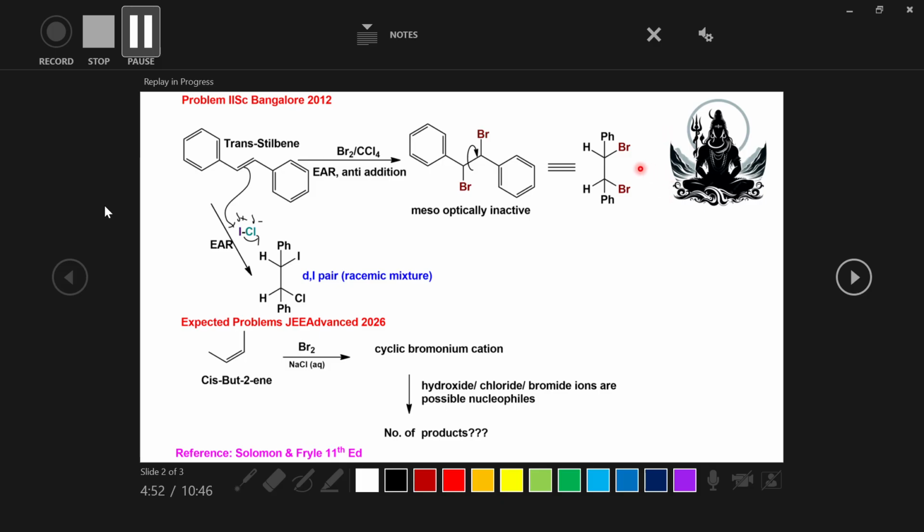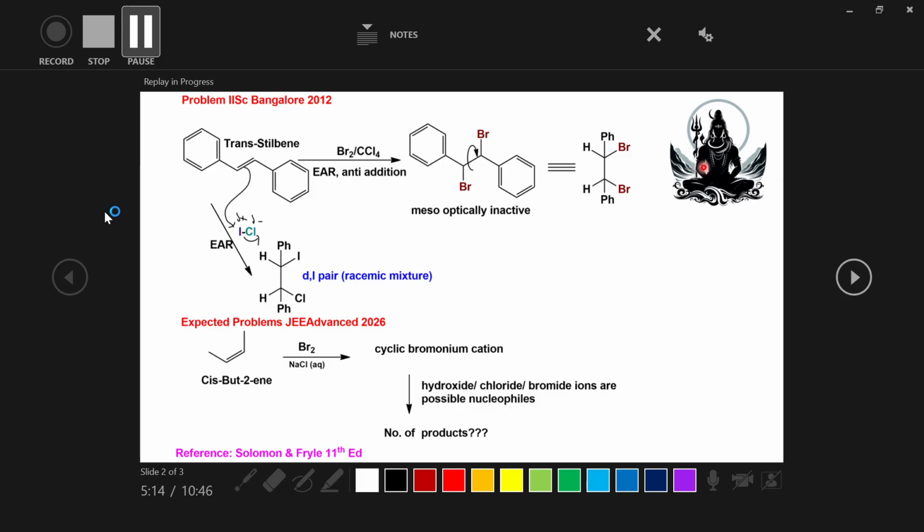Now you could imagine that if you pass a plane or line through the C-C single bond carbon, then this molecule can be divided into two equal halves, which means it is a meso compound.